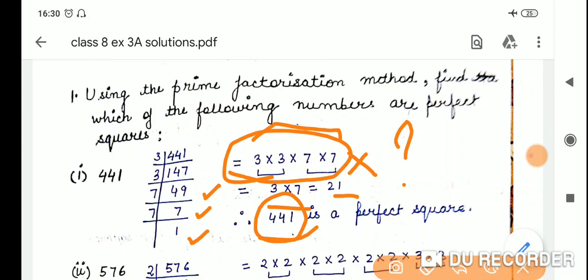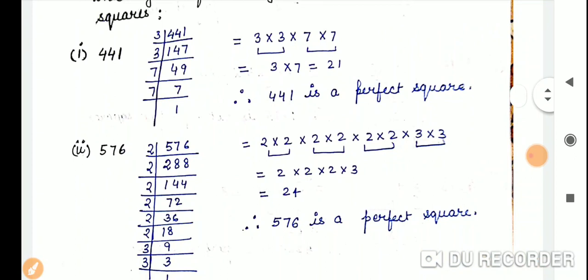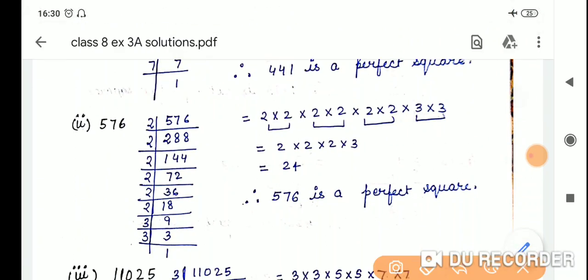Clear? Now coming to the second part of the question, that is 576. Same procedure, 576 ke factors. So by 2, 288, then 144, then 72, 36, 18, then 2 se gaya 9 times, 3 se 3 times, and 3 se 1. So the factors will be 2 into 2 into 2 into 2 into 2 into 2 into 3 into 3.